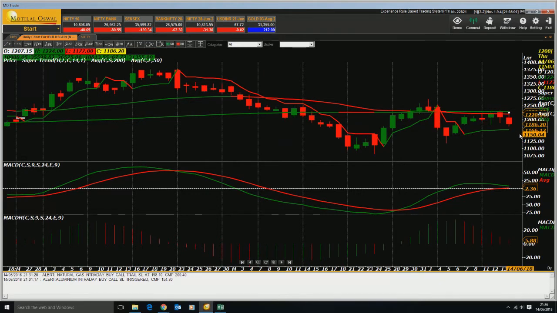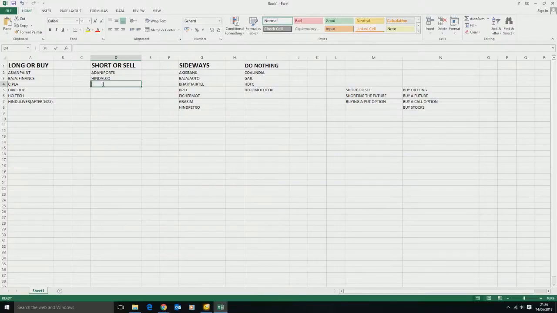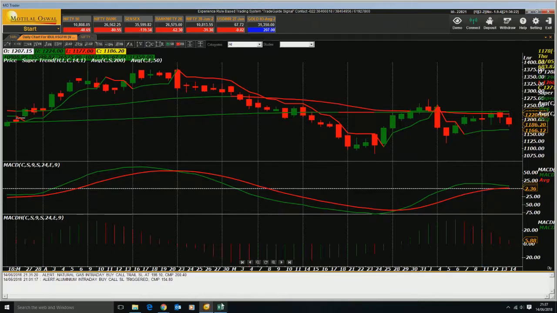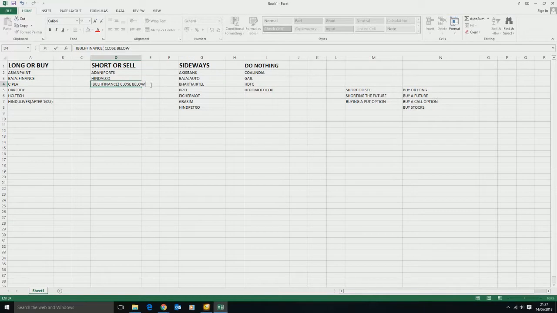So India Bulls Housing Finance is a short, if it goes below 1150, right?